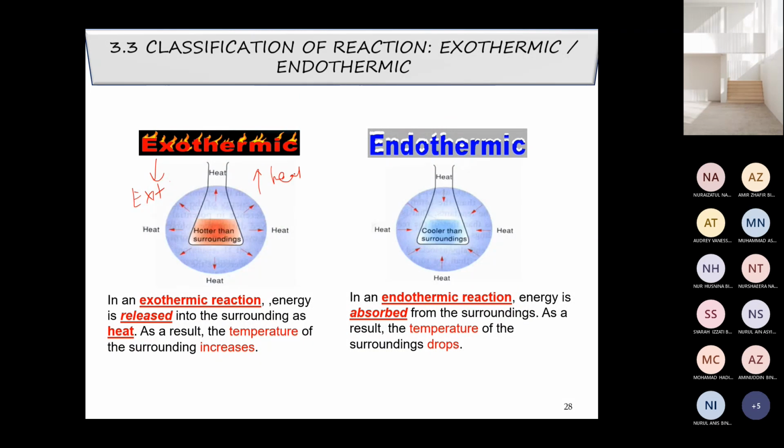So bila you increase the temperature, of course you increase the energy in terms of the heat. So dia bertambah panas. Alright, so endothermic pula is the opposite of exothermic, whereby energy is absorbed. Means that they become cooler than the surrounding. As a result the temperature of the surrounding drops, sebab dia dah absorb all the energy here. So the surrounding becomes less warm lah.